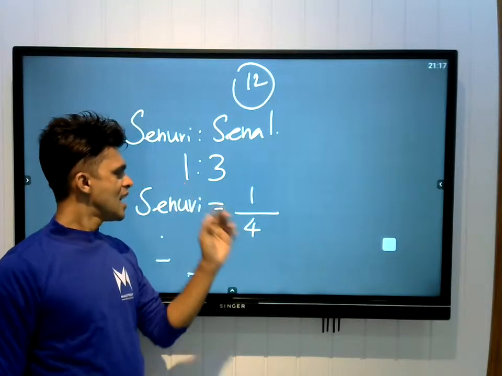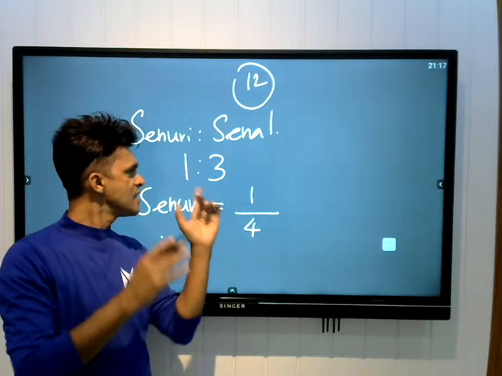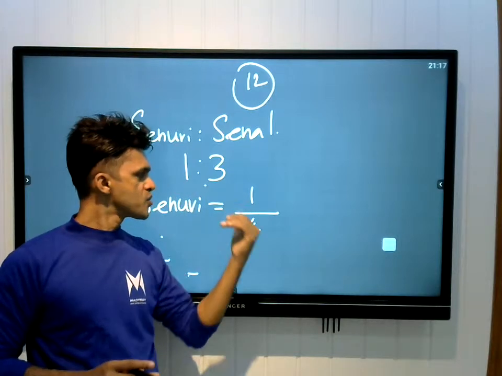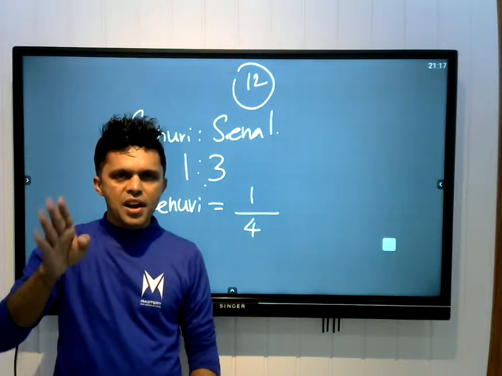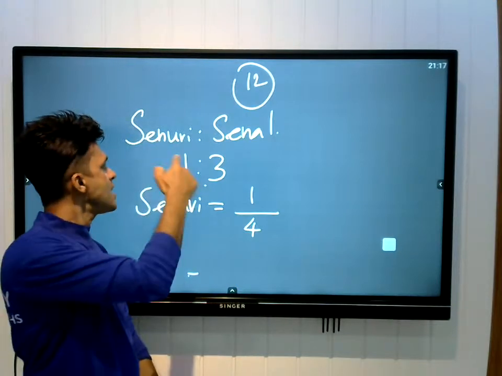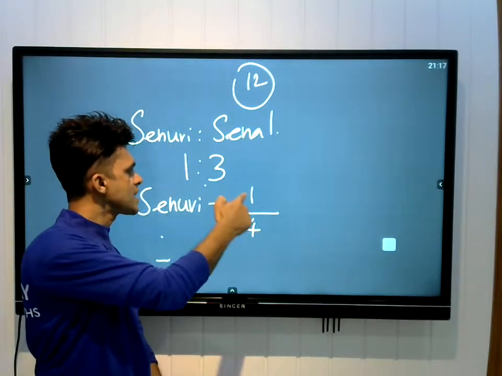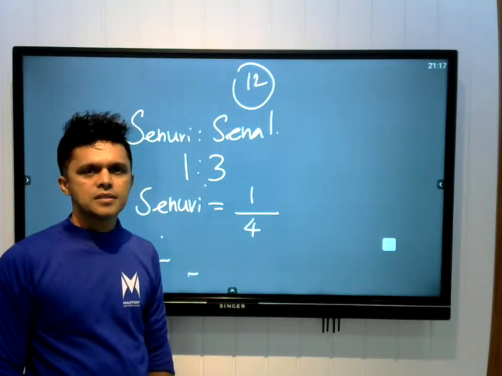How did I get this 4? Adding these two digits: 1 plus 3 is 4. When it is divided 4 mangoes, Senuri gets 1 mango.